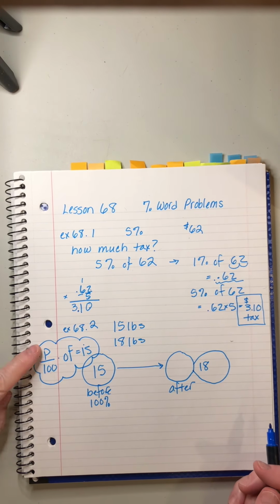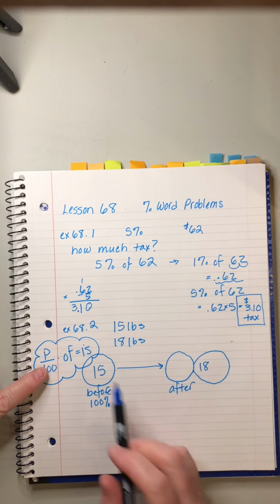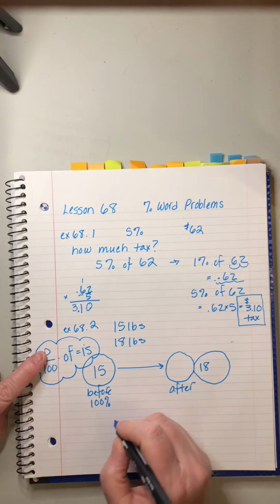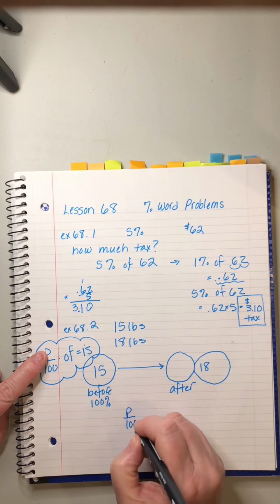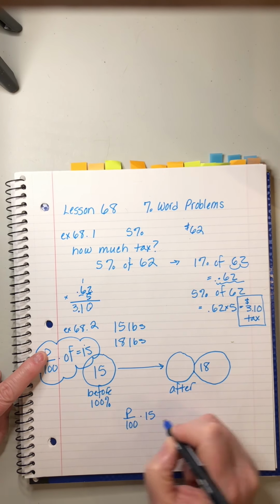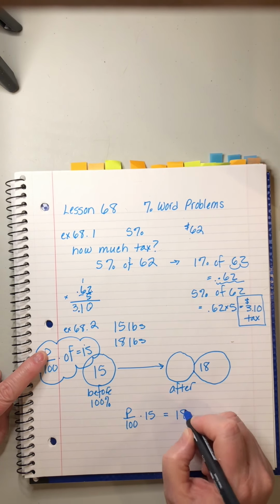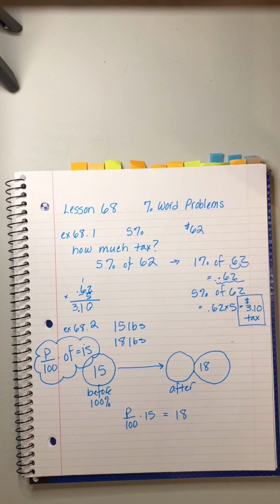Have we used the P over 100? I think so. So that's what we want to find. P over 100 times 15 equals 18. Does that make sense? Our baby got bigger, so that's the after. And we want to find out what percent that was.